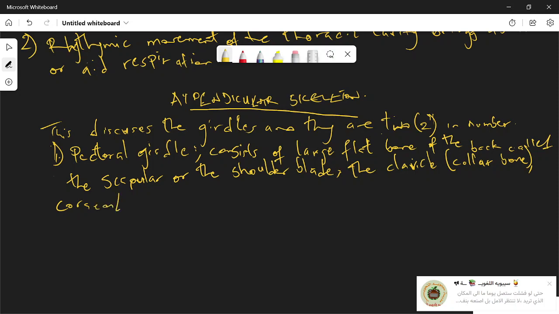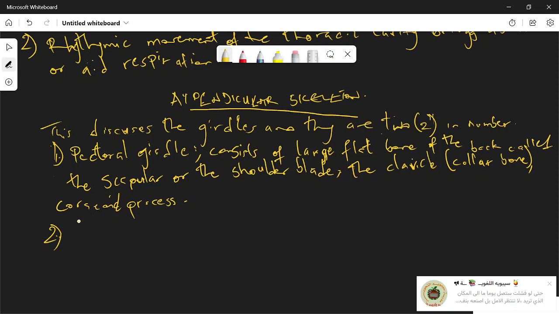I think we treated a question some days ago that was talking about this, the coracoid process. So those are the parts of the pectoral girdle. The flat bone called the scapula, the bone in the neck called the clavicle, and then the coracoid process. And those ones are found in the upper arm.